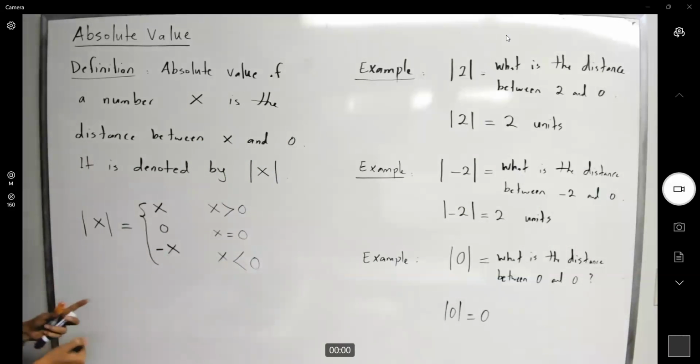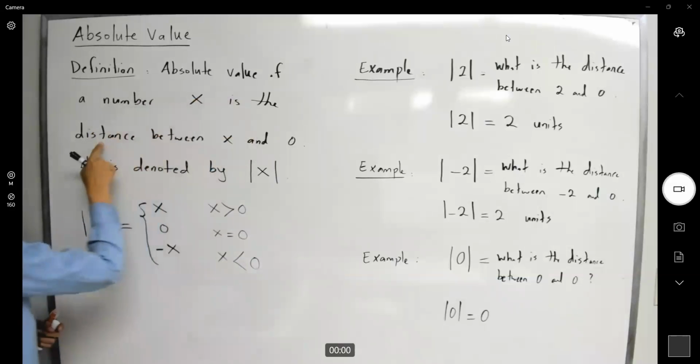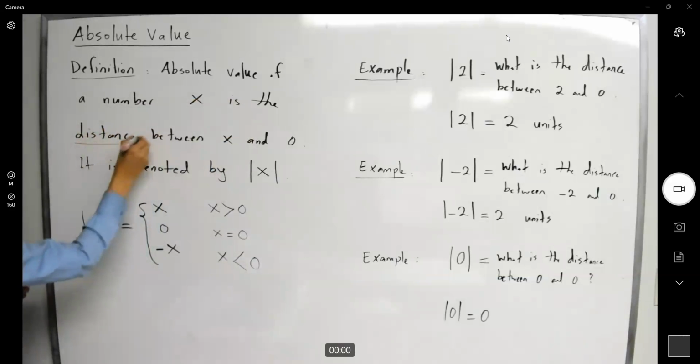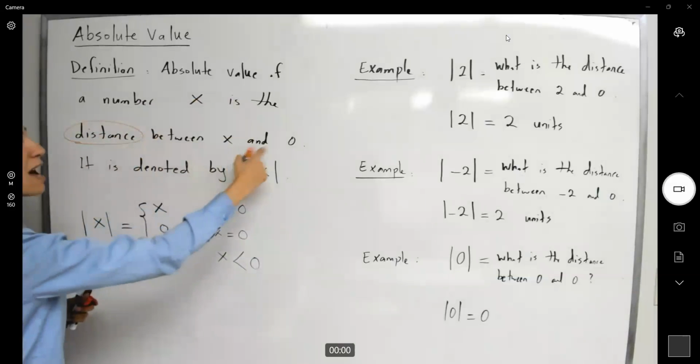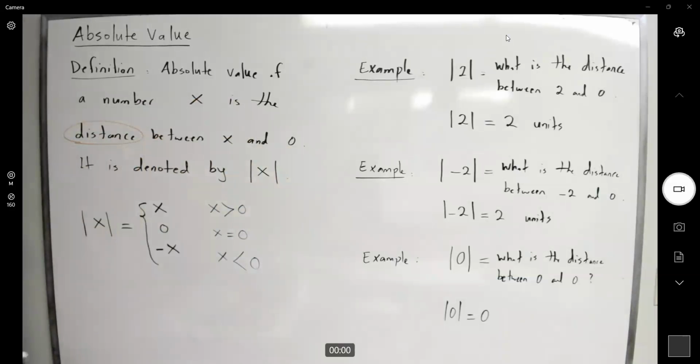So if somebody asks you to define absolute value, you say that the absolute value of a number like x is the distance, that's the focus here, the distance between x and 0. How do we represent the absolute value? We represent it this way.